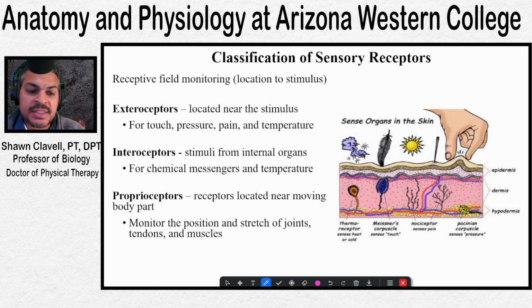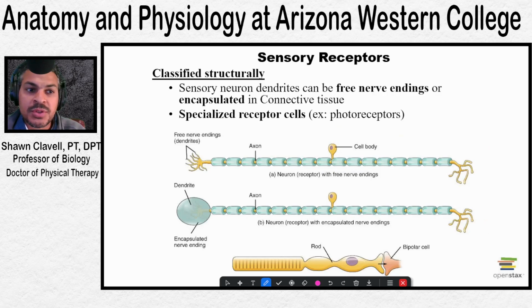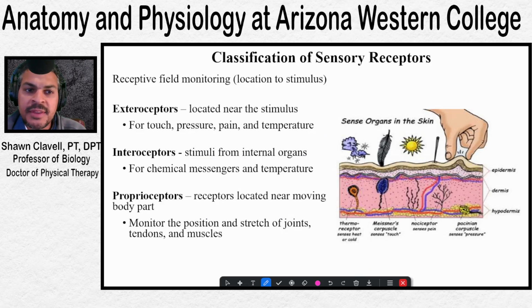And so we've classified receptors structurally, whether they're encapsulated or free nerve endings, otherwise specialized. We've classified them based on where the receptors are located in relationship to the stimulus.